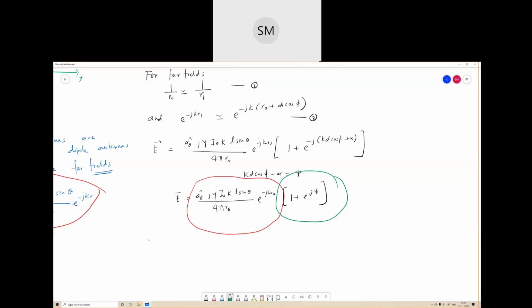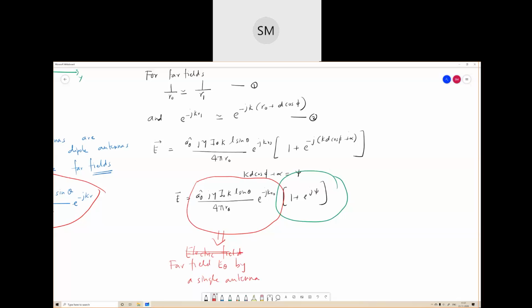Why is the green circle thing coming? So this red circle thing, we have concluded that this is the electric field, actually far field E theta by a single antenna.